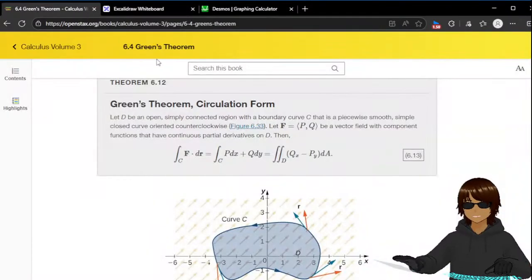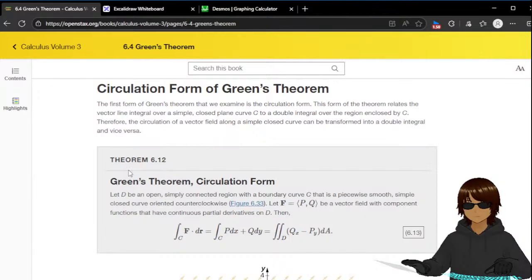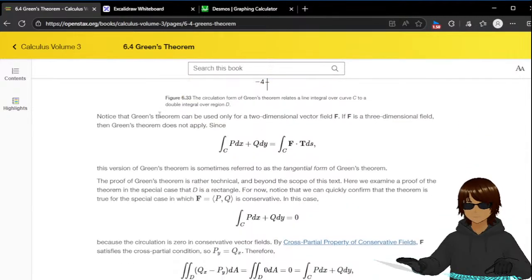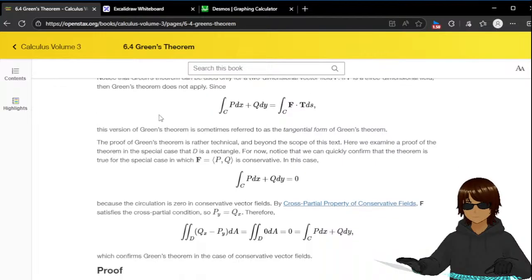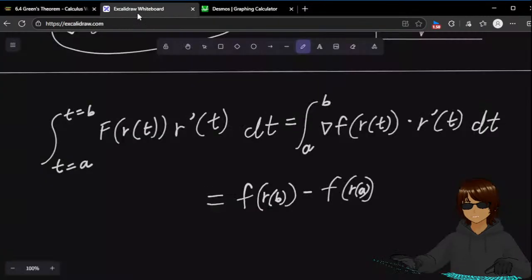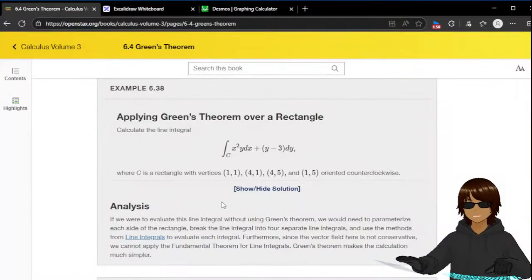F(r(B)) minus F(r(A)) is zero, right? Green's theorem relates a line integral over a simple closed plane curve C to a double integral over the region enclosed by C. Maybe F is not conservative.